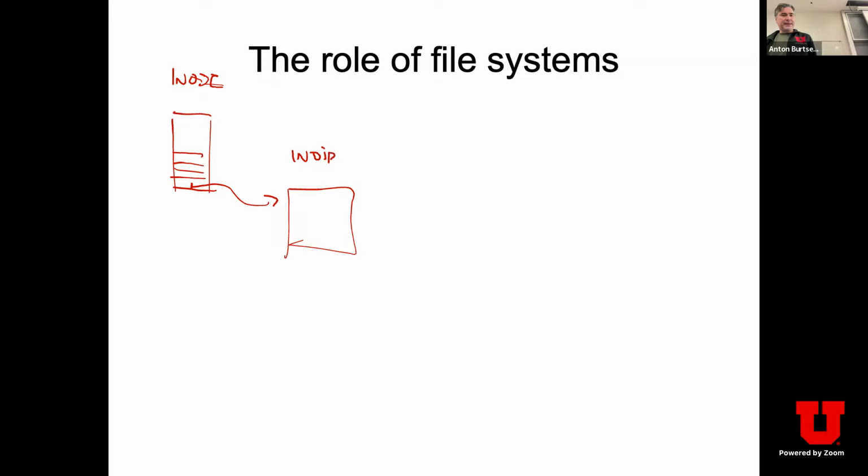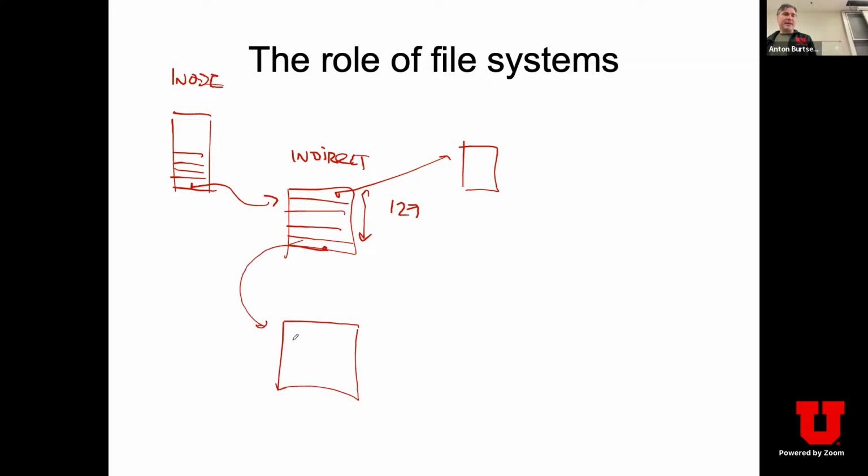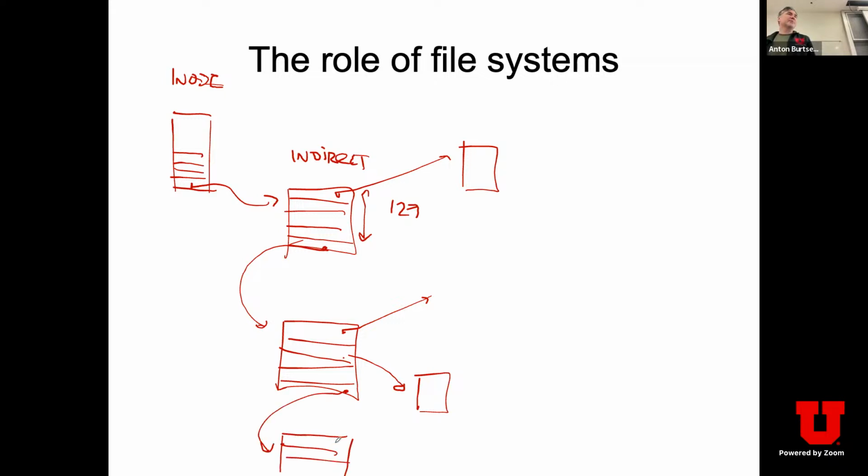And you say the first 127 will be pointers to the data blocks, but the last one will be a pointer to the next indirect area. It's kind of like a linked list at this point. And those will be pointers to the data areas, and the next one potentially can go to the next indirect area. That's very simple, and it implements a file of infinite size.